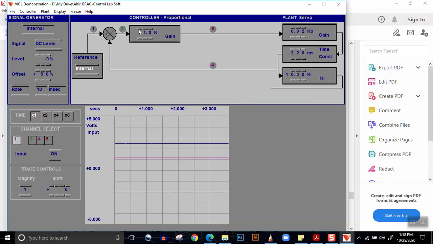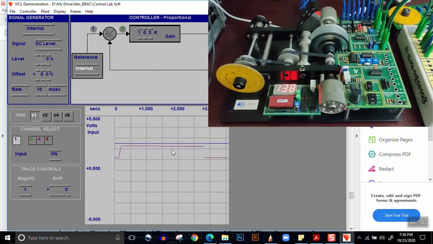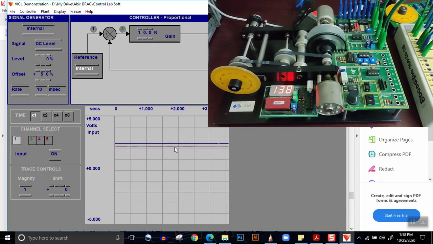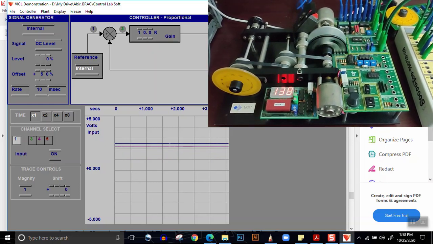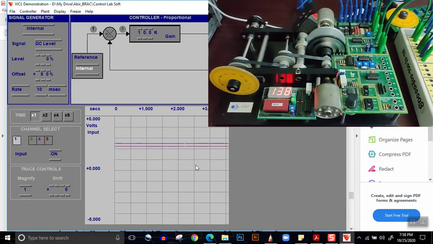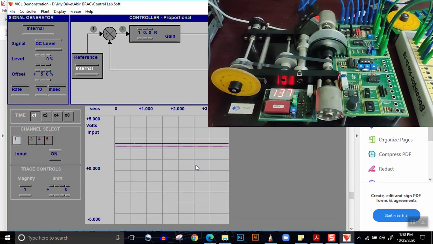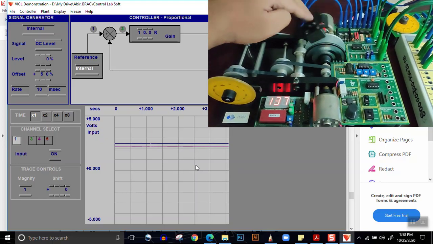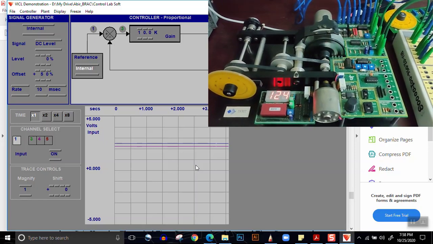For example, if I see it in the right hand top corner, what we do is we increase the gain to 10, and see, instantly the output voltage has risen. If the output voltage rises, you'll see that at high value of Kc, the response is better, the response is faster, and the effect of brake is not as high as it was in case of low value of Kc.